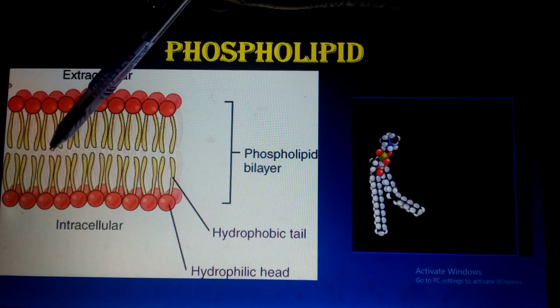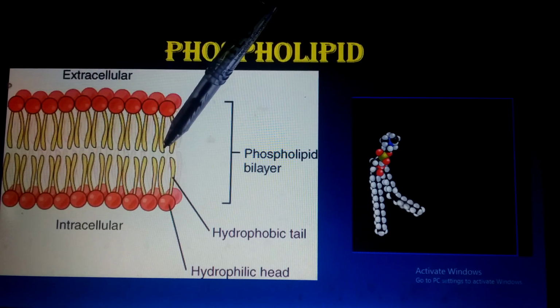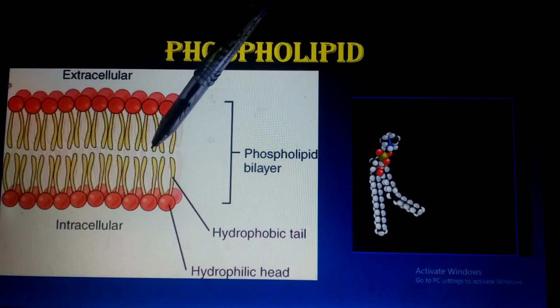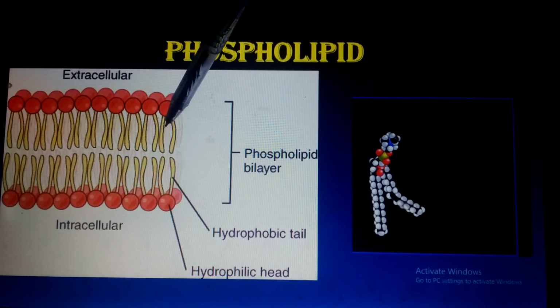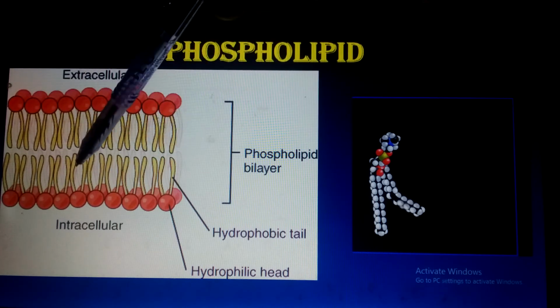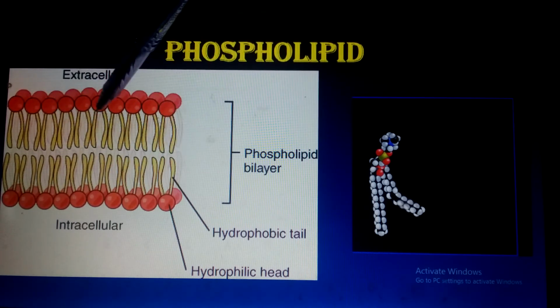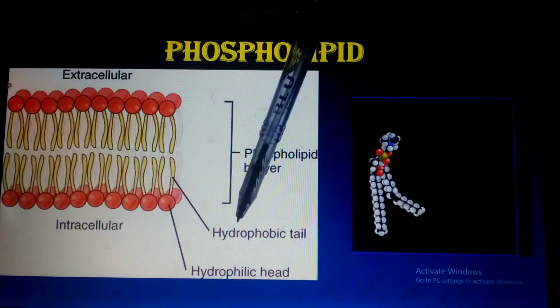And you can see here the space between the two membrane, the intermembrane space. So in the intermembrane space, you can see here, this chain of the tails of all the phospholipid is hydrophobic.